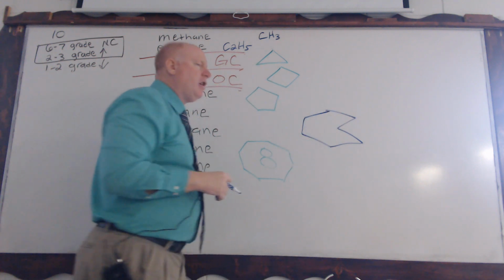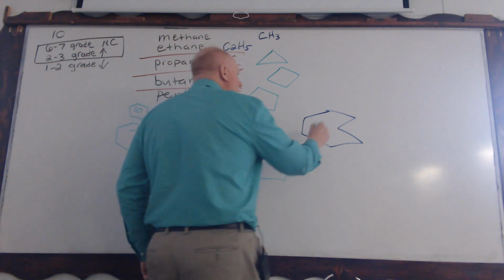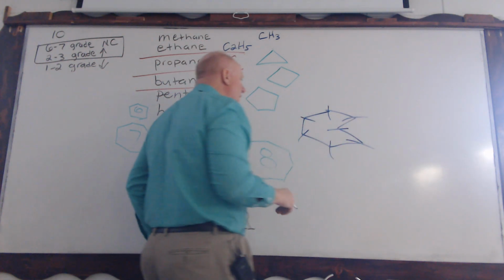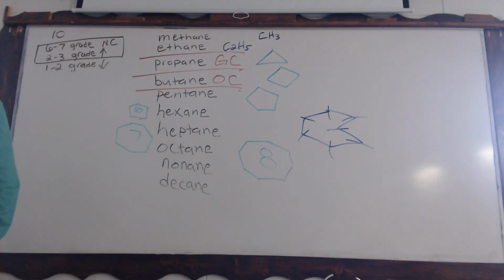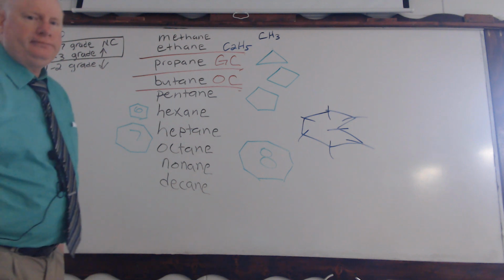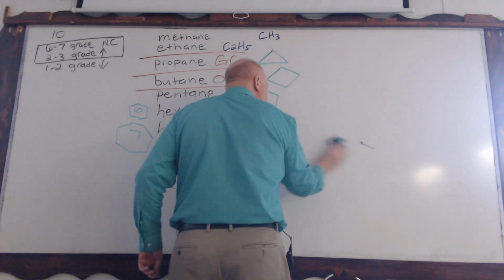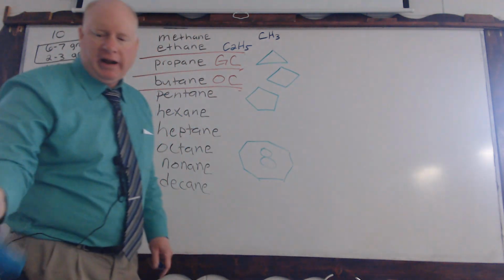We don't want you to draw a Pac-Man. Okay? So we might think that 1, 2, 3, 4, 5, 6, 7, that is a heptagon. That is not correct. Okay? If we wanted you to draw a Pac-Man or a Miss Pac-Man, just put a bow on it, then we would ask you to do that. But we're not drawing Pac-Man.